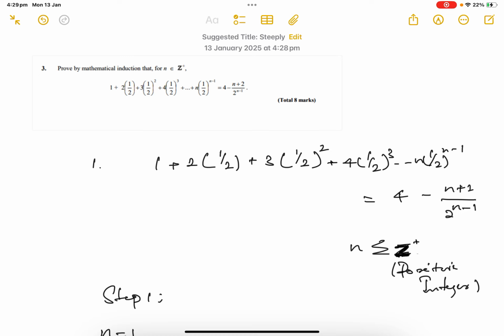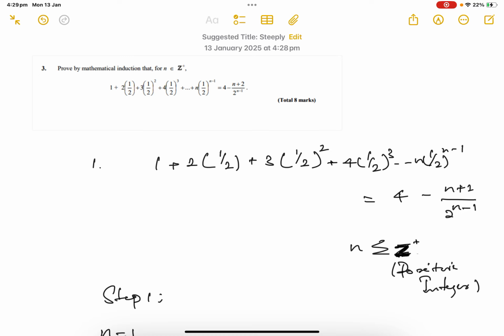Prove by mathematical induction that for n an element of the positive integers, the series 1 plus 2 times half plus 3 times half to the power of 2 plus 4 times half to the power of 3 and so on, up to n times half to the power of n minus 1, equals 4 minus (n plus 2) divided by 2 to the power of n minus 1.